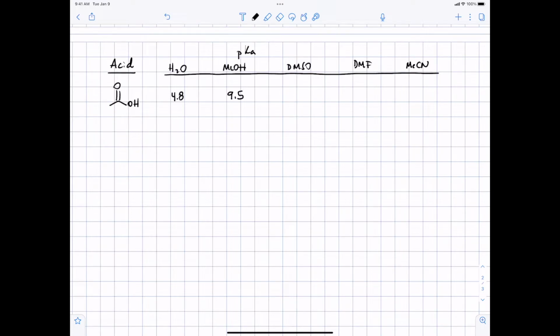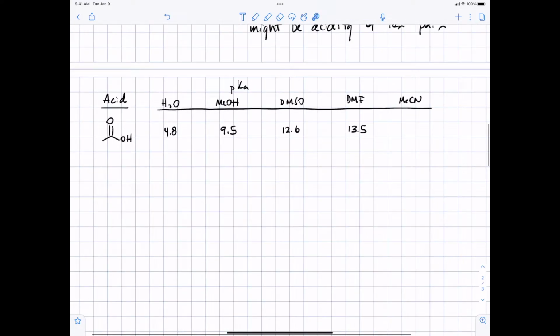Well, presumably because methanol is not as good at solvating charges as is water. DMSO, it's even higher. Why is that? Well, DMSO can't hydrogen bond like methanol can, and it's about the same in DMF as it is in DMSO. So we're sort of seeing here poorer ability to solvate charges leads to higher pKa's.